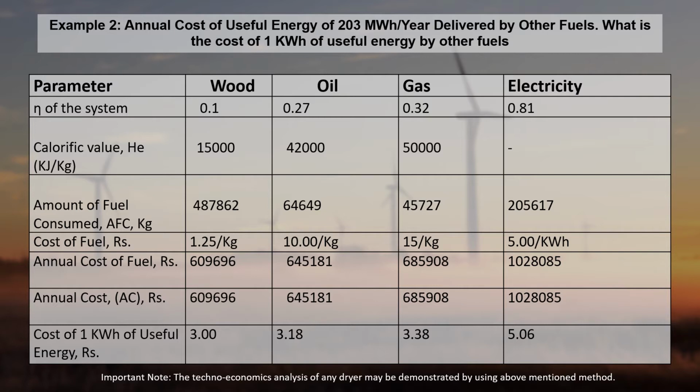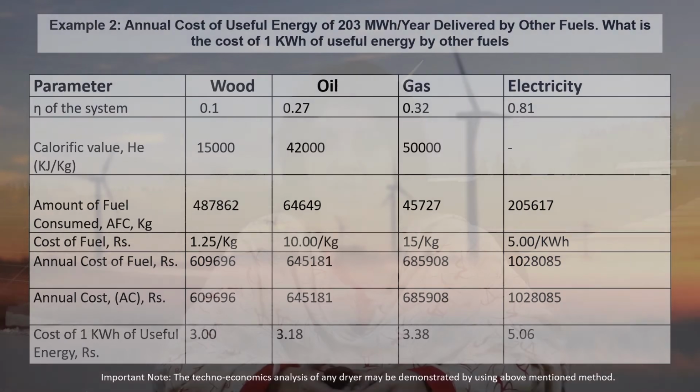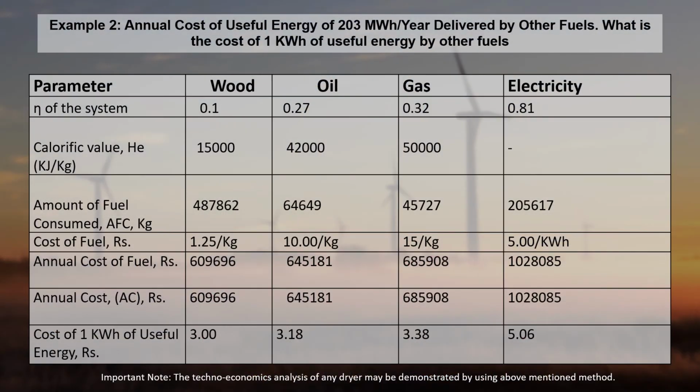And for electricity, 1028085. Then we calculate the cost of 1 kilowatt hour of useful energy. It is the ratio of annual cost divided by annual useful energy delivered. Here annual cost is 609696 divided by 203 megawatt hour, that is 203 into 10 to the 6 watt hour.